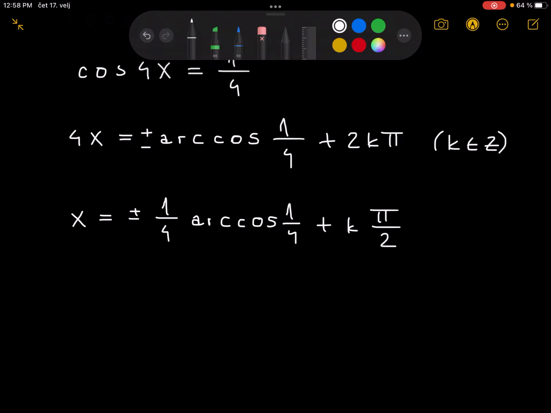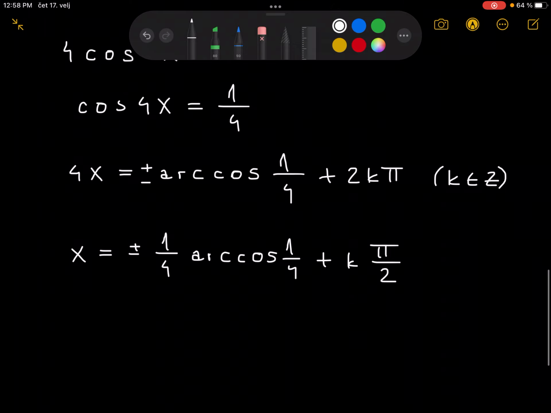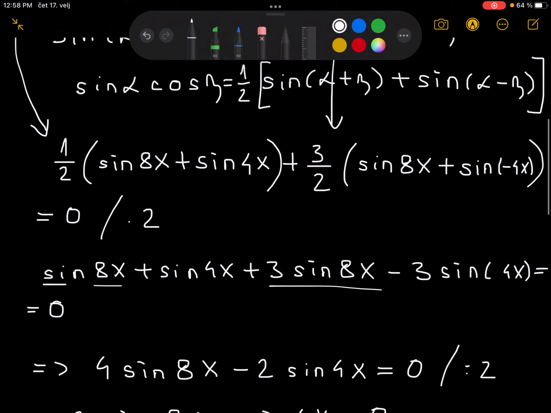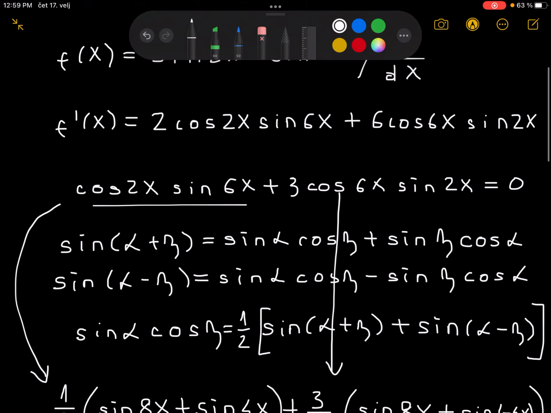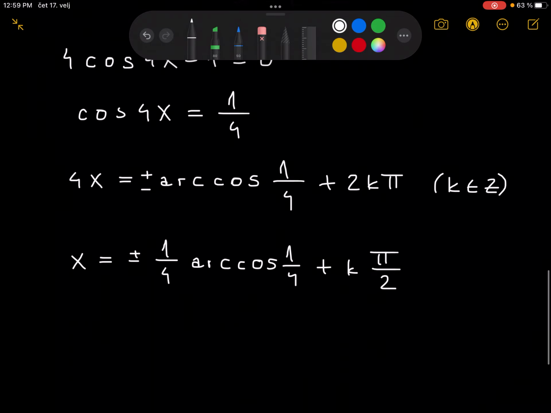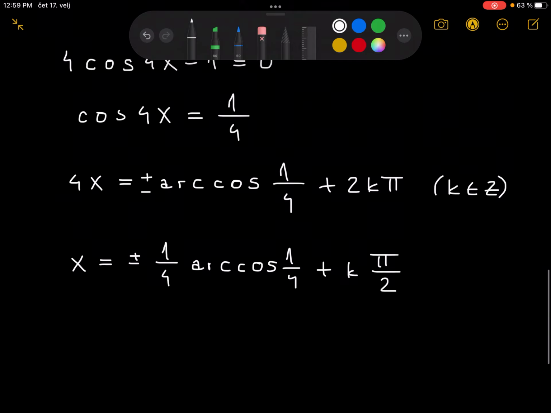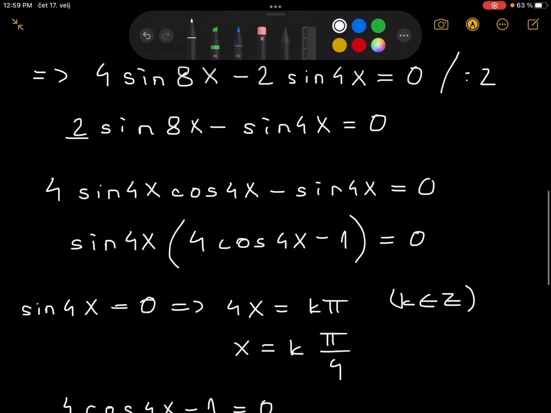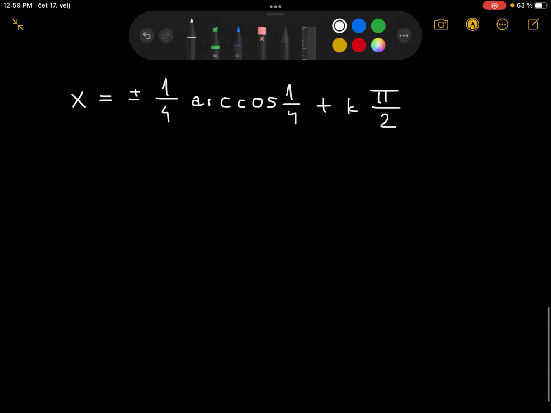Okay. And now, these are the solutions to the first derivative equation, and these are also the stationary points. So let's just pick a single solution.